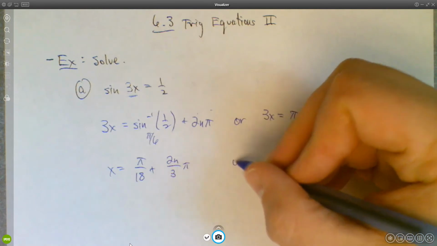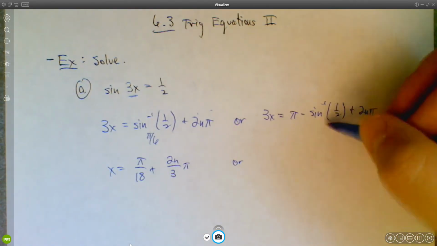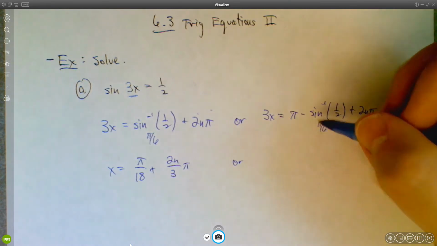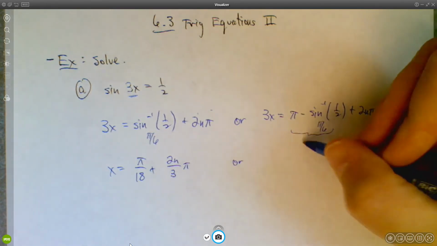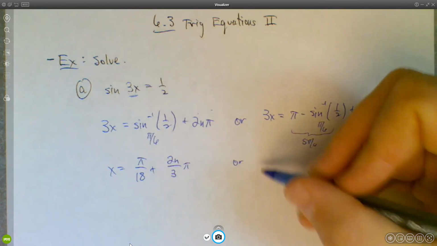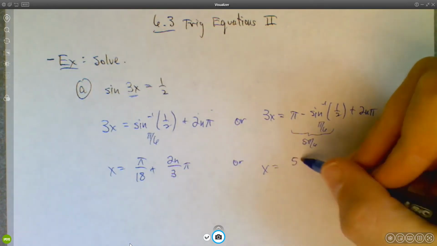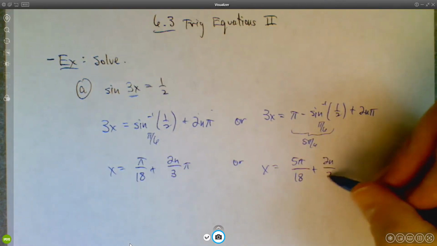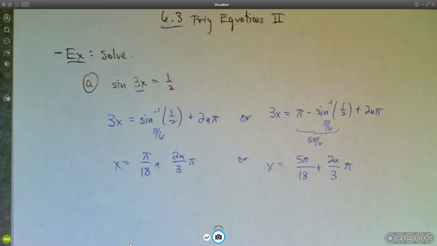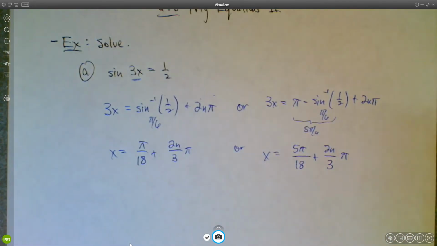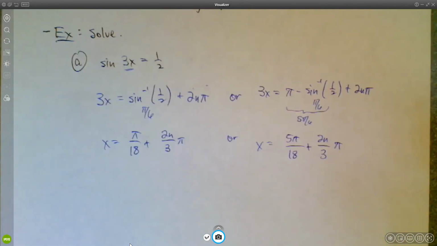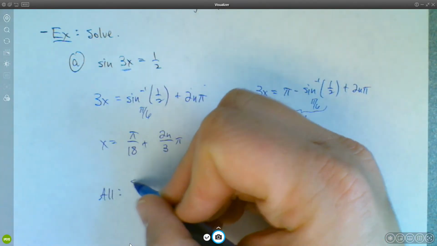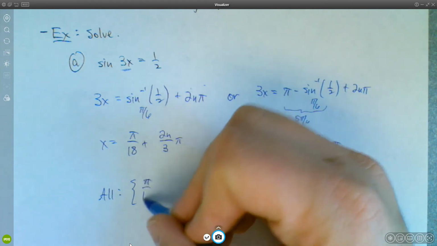So that's one possibility. Pi minus pi over 6 would be 5 pi over 6. So we're going to get x equals 5 pi over 18, again, plus 2n over 3 times pi. Okay, so you get a lot more solutions. So if we were listing all of the solutions, they would just be those two.